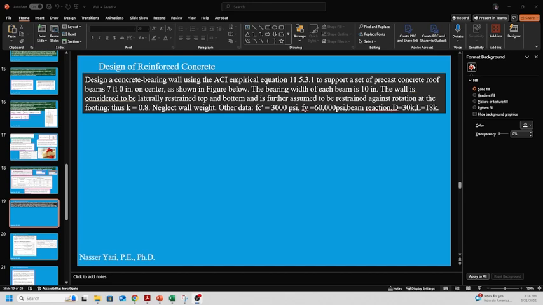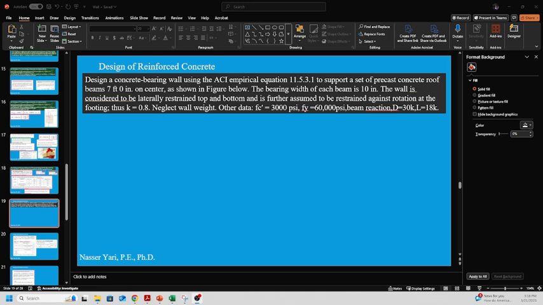In this lecture we're going to talk about designing a bearing wall. Here's the problem on the board. It says design a concrete bearing wall using ACI. We're going to use the imperial method, and the wall is supporting a bunch of beams at 7 feet on center. I will show you in a figure in a minute.